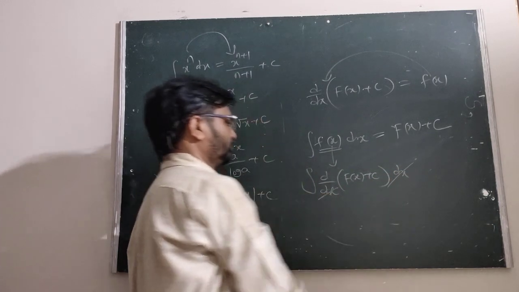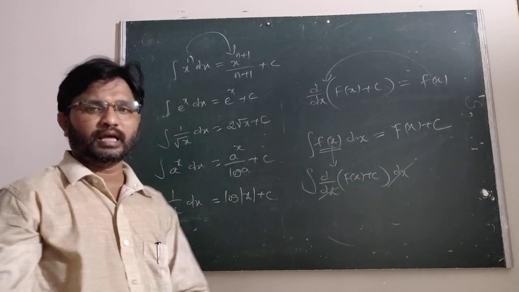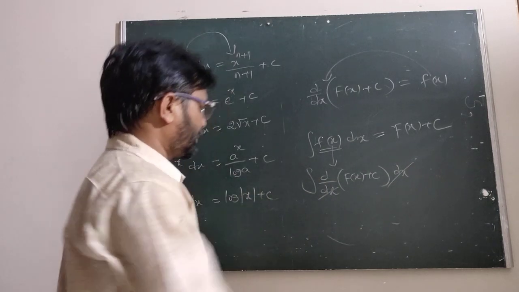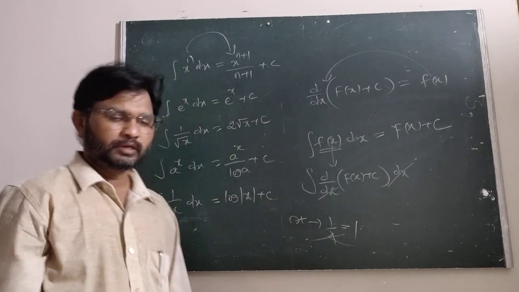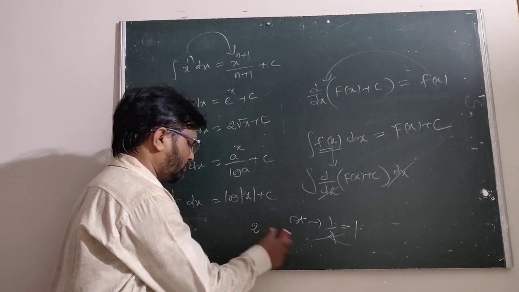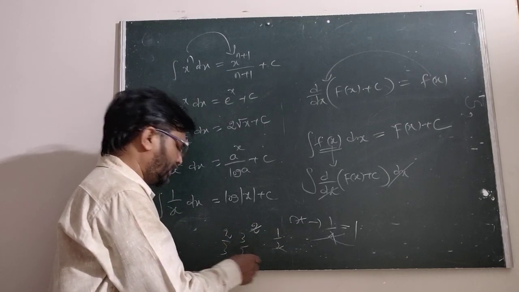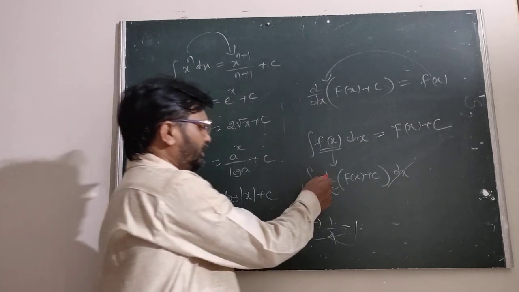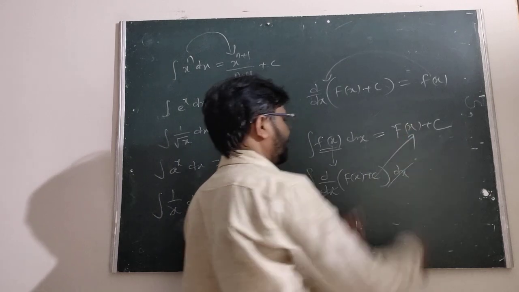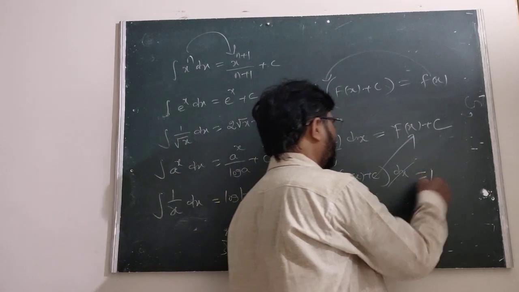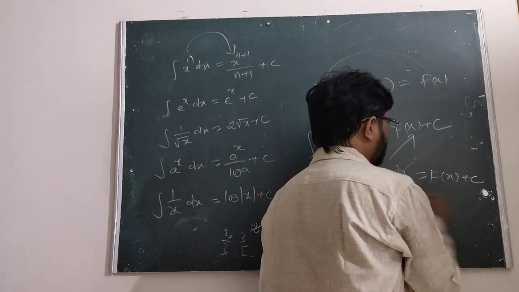Is it clear? We know that derivative and the integral are both reversible. The reverse of x is 1 by x. If this multiplication is 1, the reverse of 2 is 1 by 2. Now these are cancelled. The reverse of 2 by 3 is 3 by 2. Therefore here the derivative and integral are cancelled. Then we are getting f of x plus c. Is it clear?